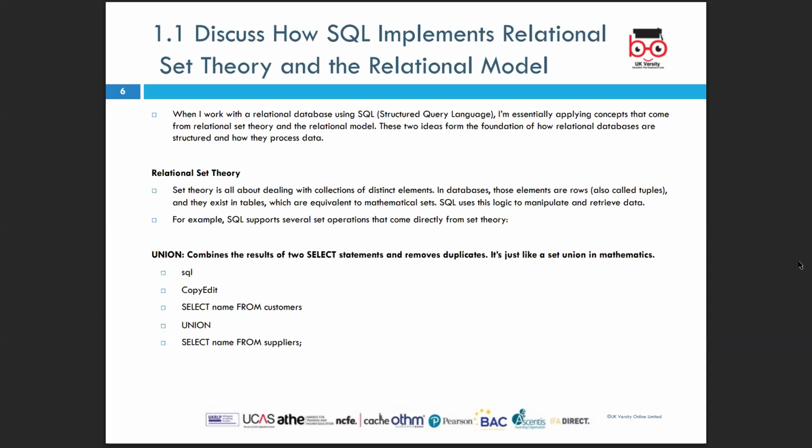So SQL uses this logic to manipulate and retrieve data. For example, SQL supports several set operations that come directly from set theory. So what are these? We have union, which combines the results of two select statements and removes duplicates, just like a set union in mathematics.